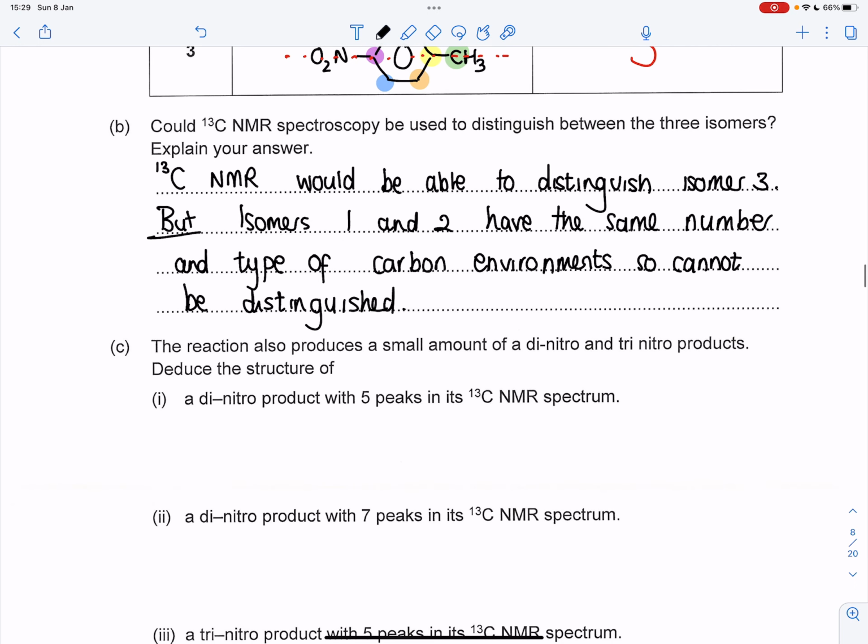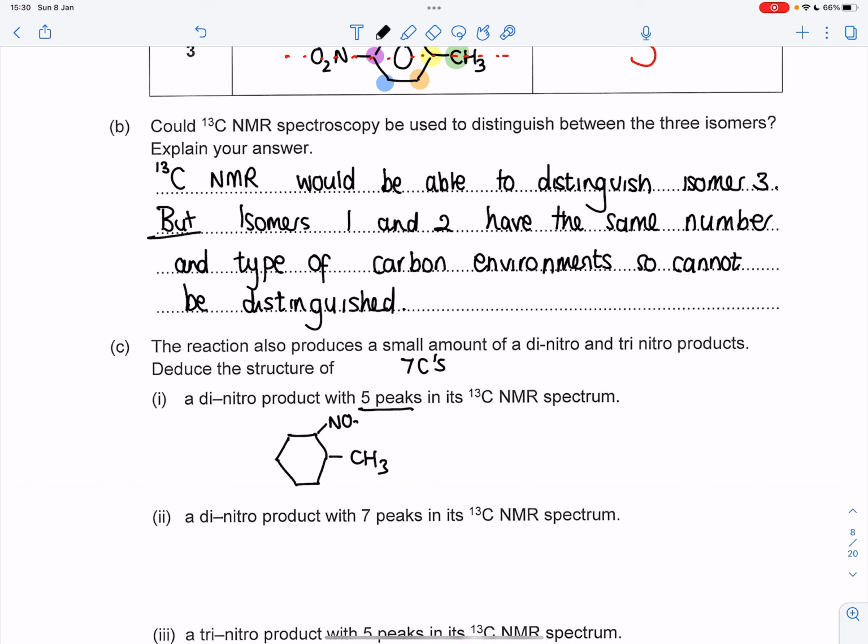The reaction then also can produce di and trinitro products. This means putting 2 nitro or 3 nitro groups on. And we have to deduce the structure of something with 5 peaks. So bearing in mind we know that there are 7 Cs, if there are only 5 peaks, there must be some symmetry in this molecule. So remembering that we already had a methyl group, we want to put 2 nitros on this symmetrically.